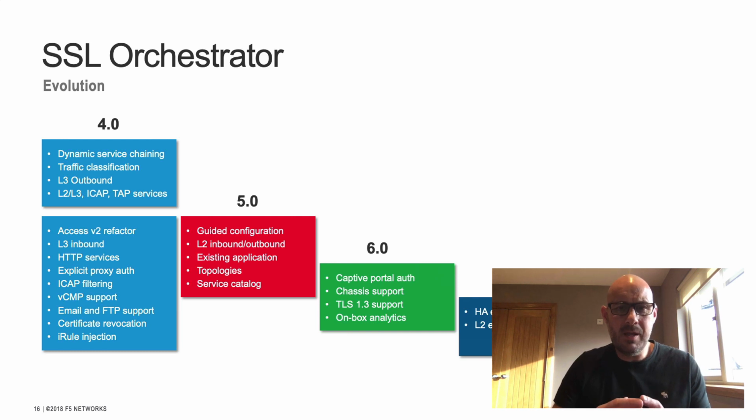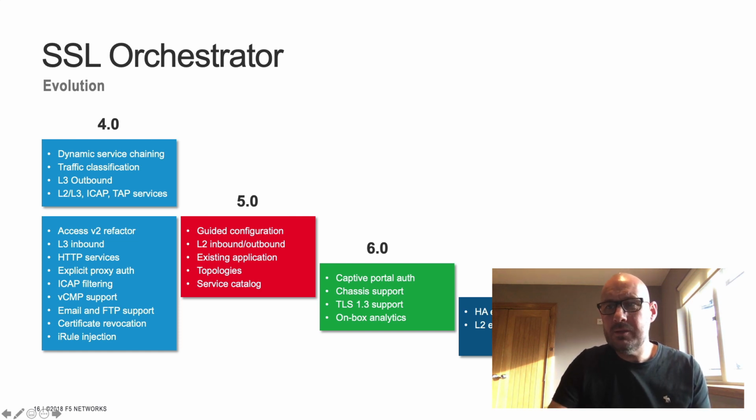So this can be a component on an existing platform that you've got, and just in a VCMP guest instance, if you've got the capacity to do that. We also introduced TLS 1.3 support. So that brings us perfect forward secrecy as well. And layer 2 enhancements in version 7. So we can now go in as a virtual wire, so a bump in the wire into your current infrastructure.